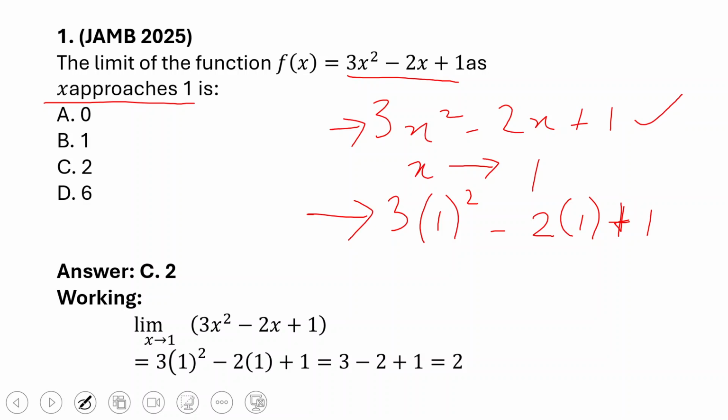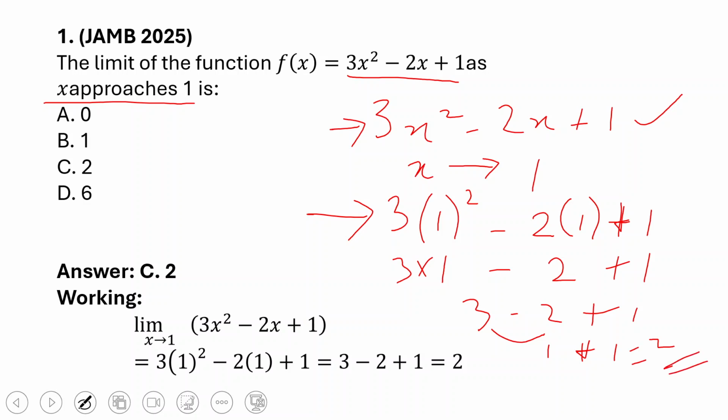When we compute, 1 squared is 1, times 3 is 3, minus 2 times 1 is 2, plus 1. 3 minus 2 is 1. 1 plus 1 is 2. So the answer to this question is C.